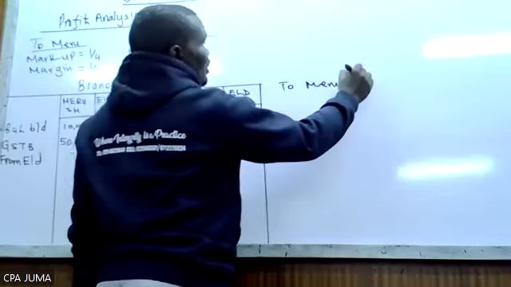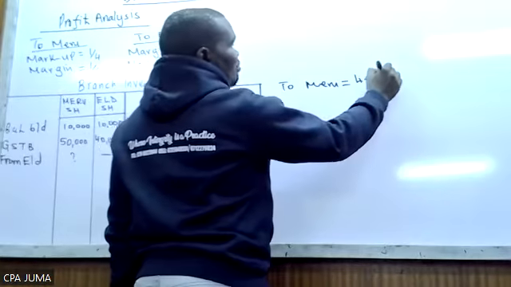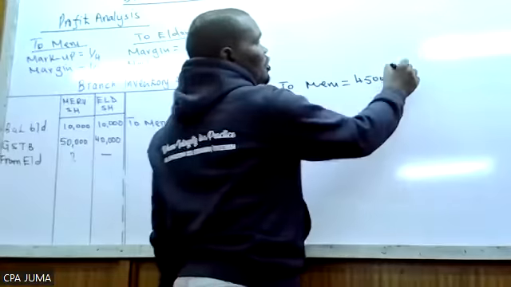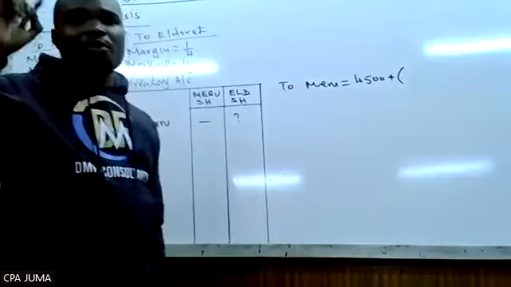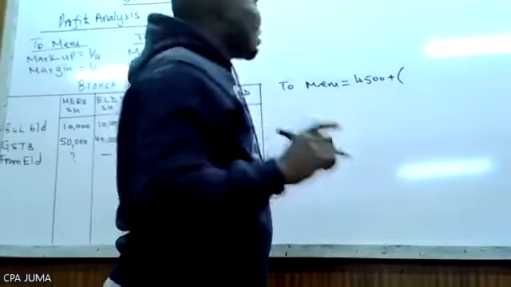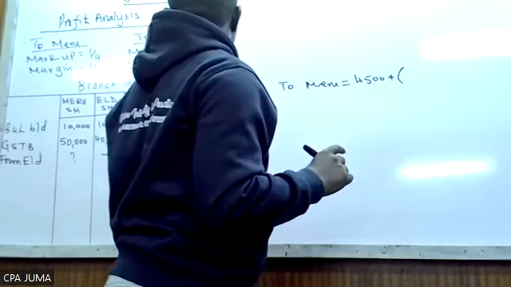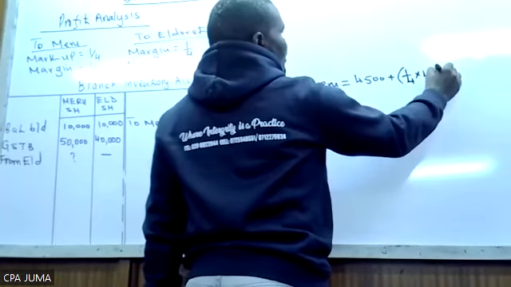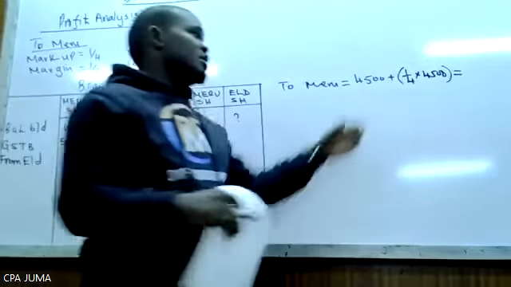To Meru, the goods were 45, but 45 was the cost. So you add the markup. What was the markup in Meru? Check our profit policy up there. Meru was 1/4. So 1/4 of 45.